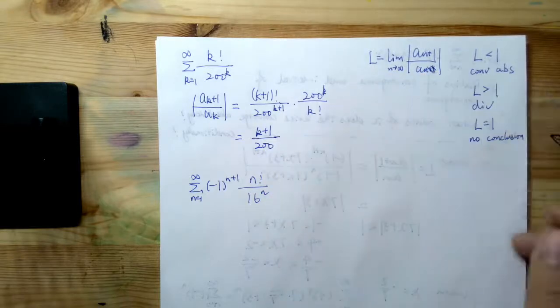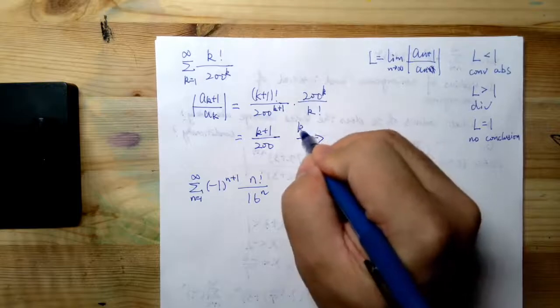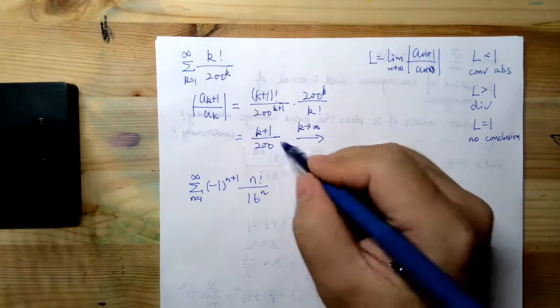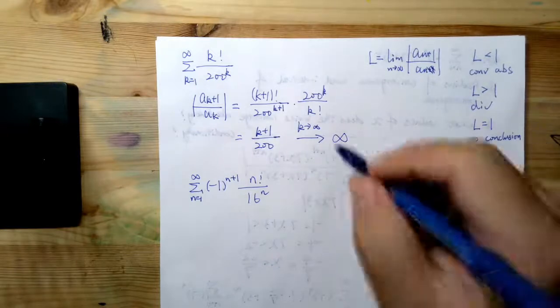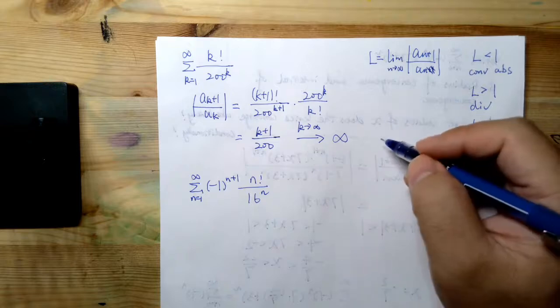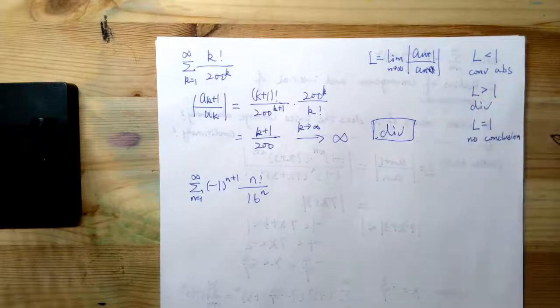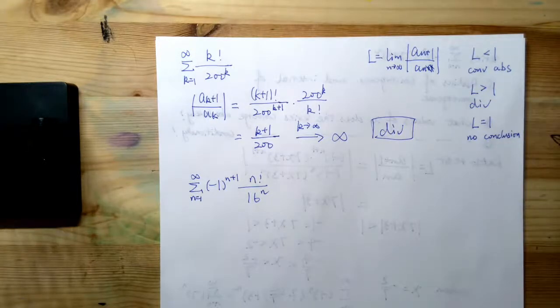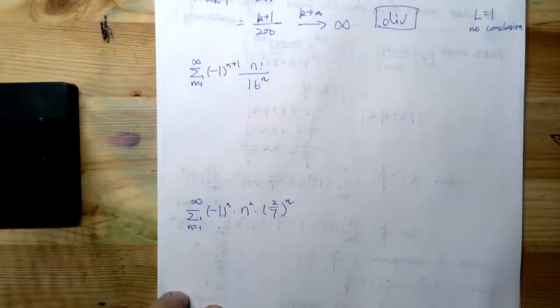As k goes to infinity, this ratio also goes to infinity, so of course this ratio is going to be greater than 1. Hence we can conclude that this series diverges. That's easy.